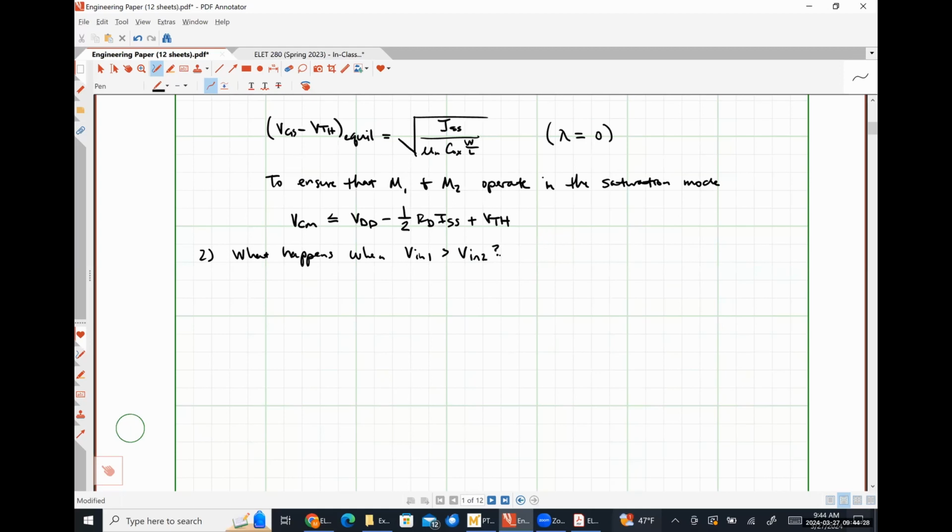So when VN1 is greater than VN2, that means our differential input voltage is a positive quantity, which in turn means that the voltage VGS1 will be greater than VGS2, and thus transistor M1 carries more current.